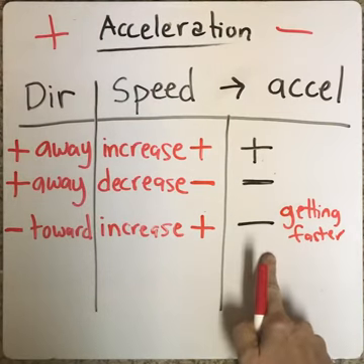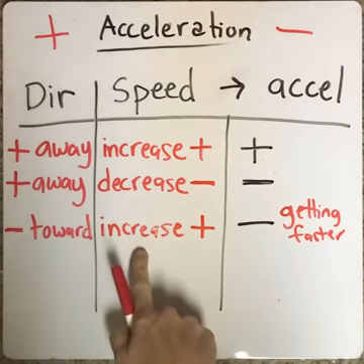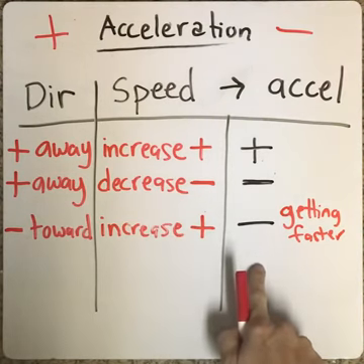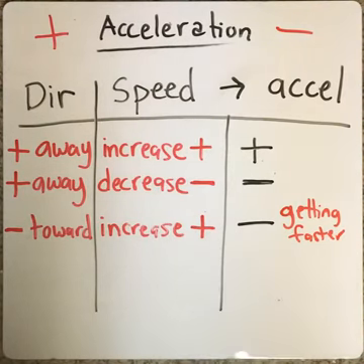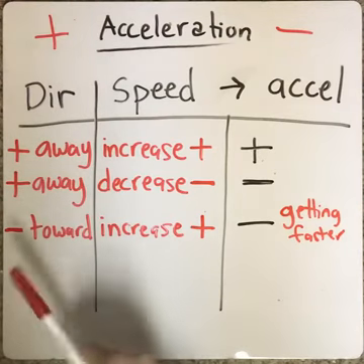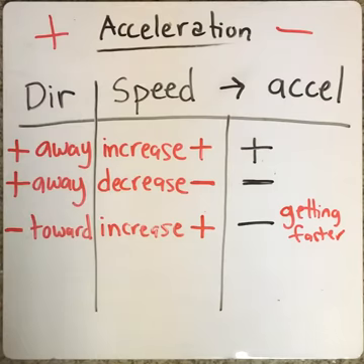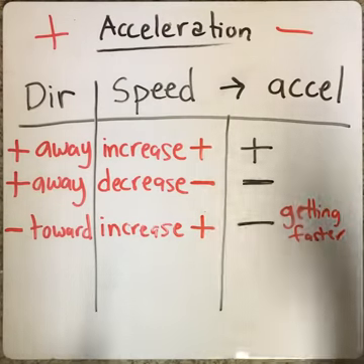But we just saw an example where even though the object is increasing in speed, it's getting faster, we still get a negative acceleration for the answer. This happens because the direction is the wrong direction. And so it flips everything that we're used to.